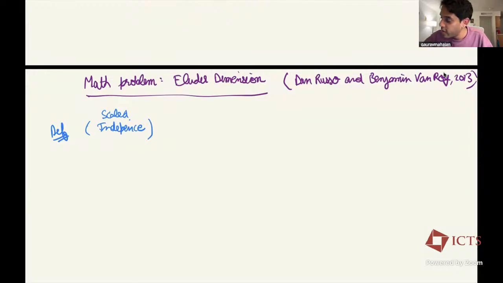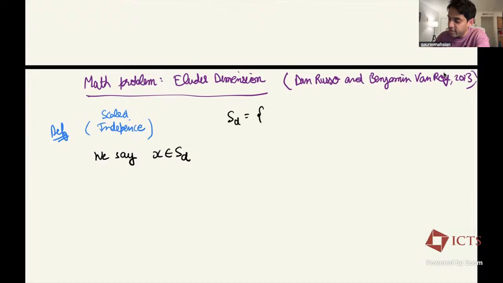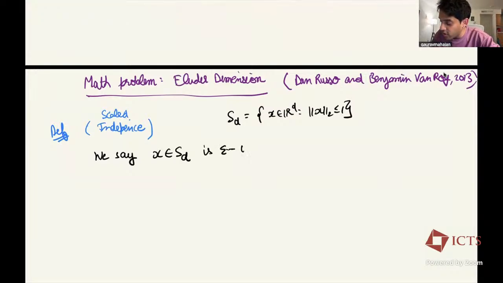We say a vector of norm one, so S^d is just a d-dimensional vector where the norm of x is less than or equal to 1. I'm going to say this is epsilon independent.